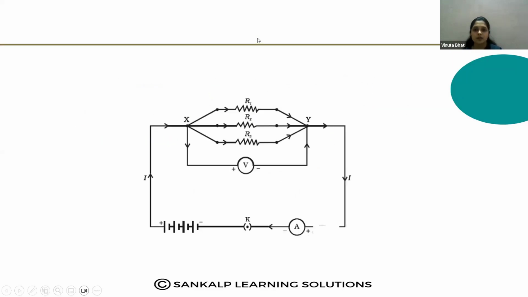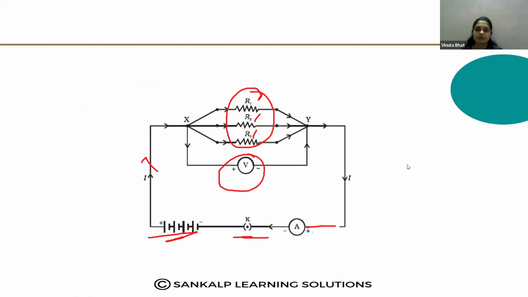Here you can see R1, R2 and R3 are connected in parallel. The voltmeter is also connected in parallel to these resistors, along with the ammeter, electric cell, plug key and direction of the current. So this is also an important circuit diagram.